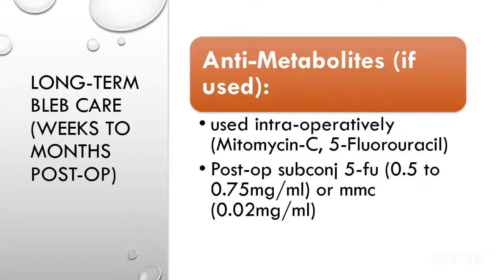So after having that intra-op, you can still use your anti-metabolite post-operatively. Most commonly, 5-FU is given post-operatively. Occasionally, mitomycin C too can be used. And what is the need for post-operative anti-metabolite use?